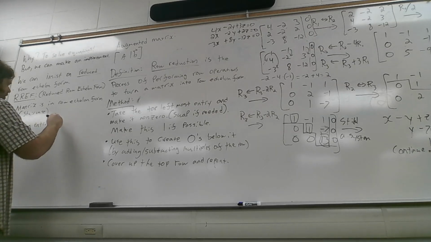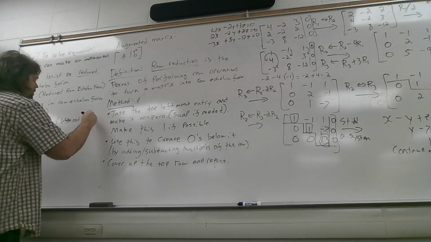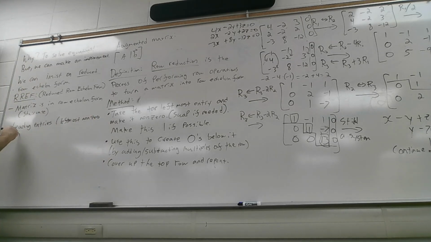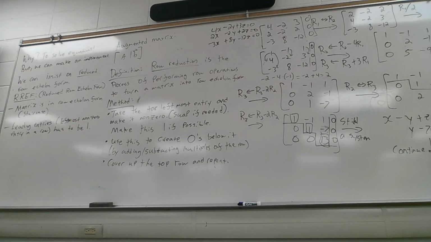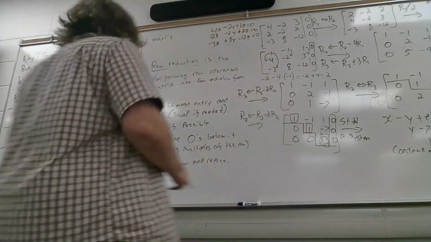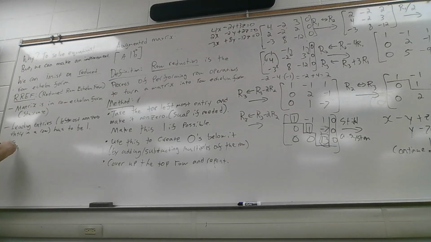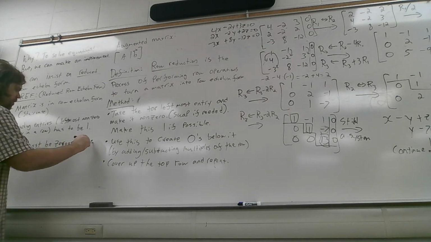So the leftmost non-zero entry in a row has to be 1. That's a new requirement. And the last one is there has to be zeros above those as well. There must be zeros above the leading ones.